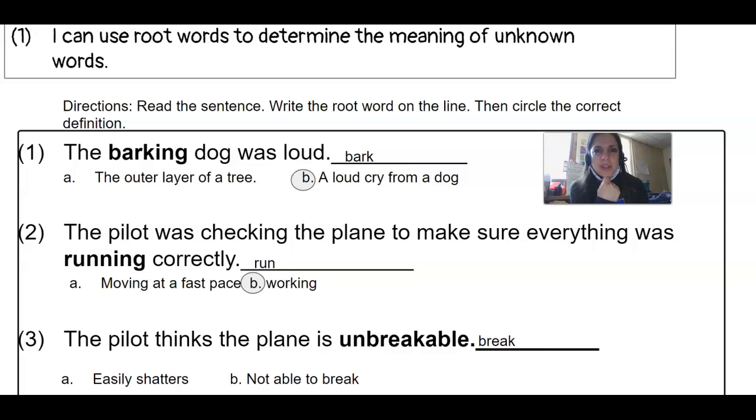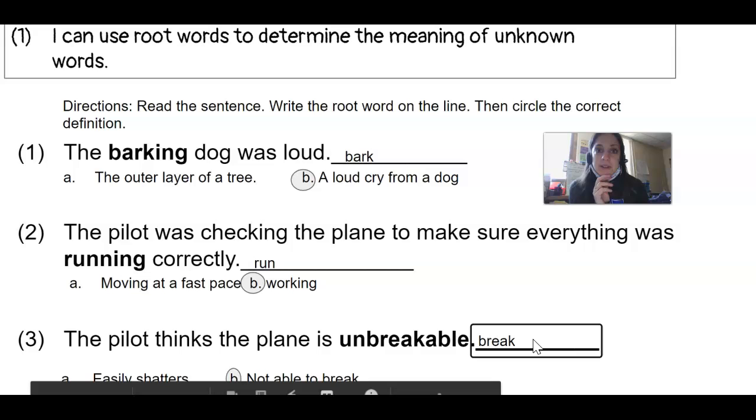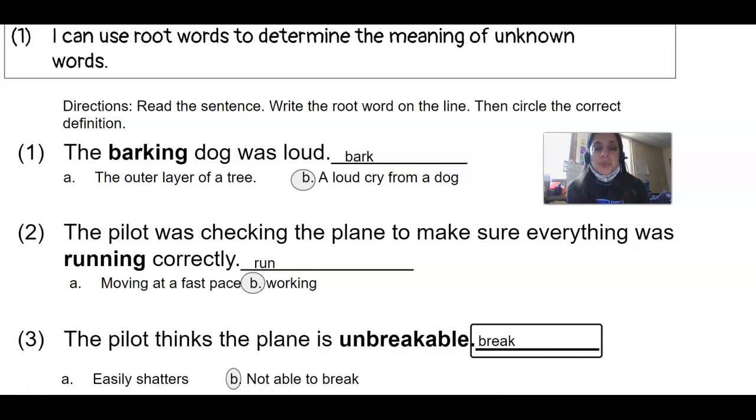Okay, now use what you're thinking and make a choice, A or B. The pilot thinks the plane easily shatters, or the pilot thinks the plane is not able to break. Choice A or choice B? Okay, let's check your thinking. Does that match your thinking? Choice B. We just used the root words to determine the meaning of unknown words.